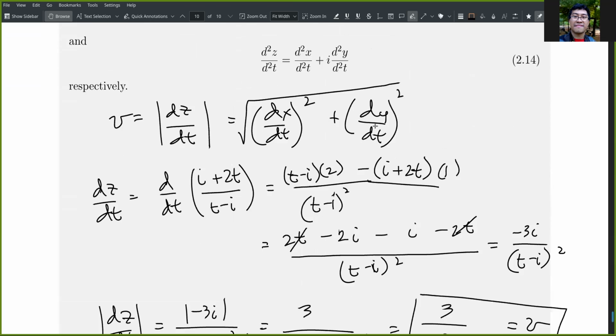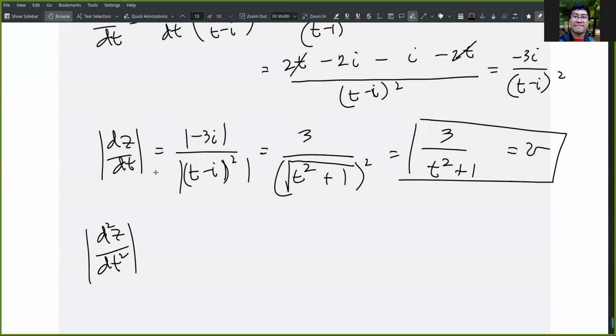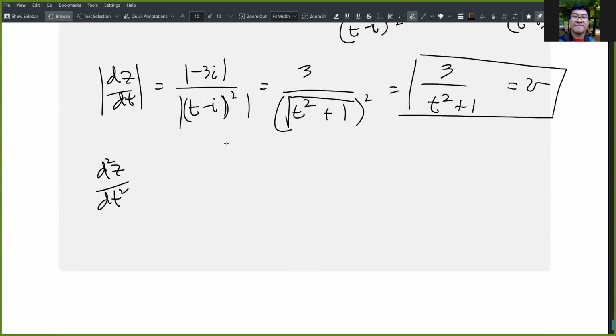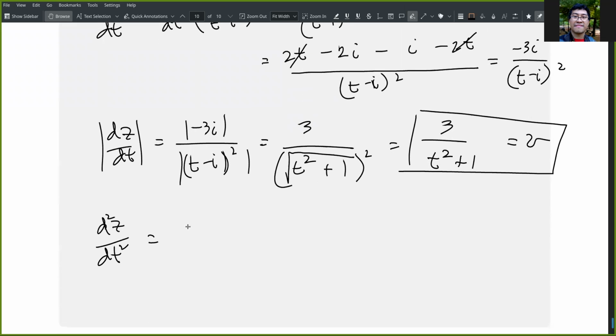Okay, now for the acceleration, we need d squared z by dt squared. Before taking the absolute value, let's solve that first. That would be the derivative of this. Okay, so we take the derivative of minus 3i over t minus i squared.